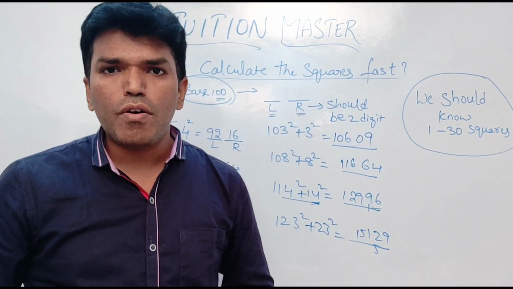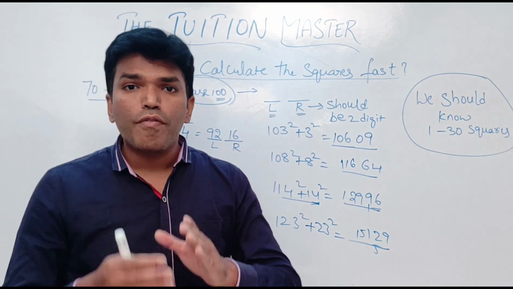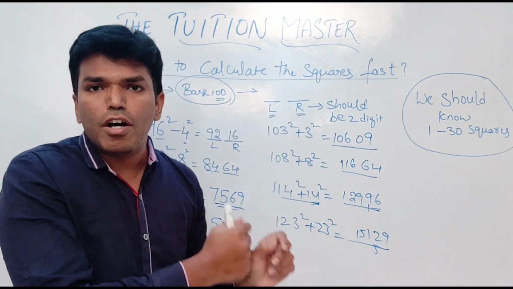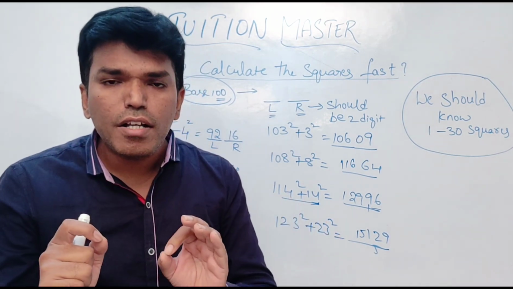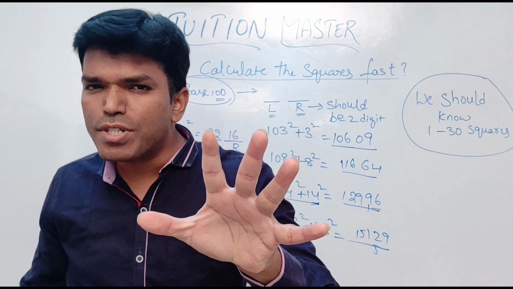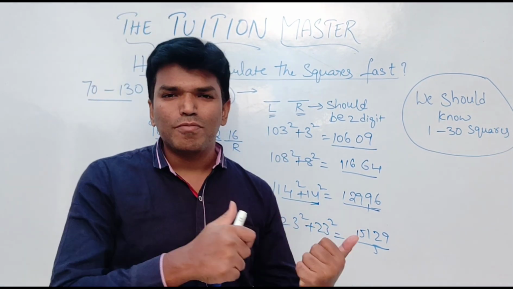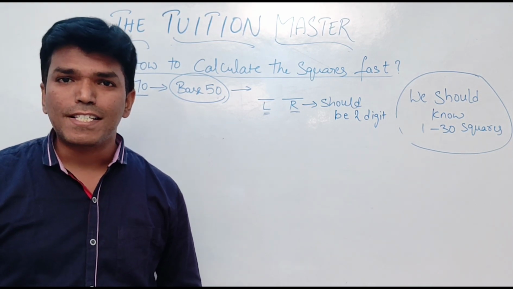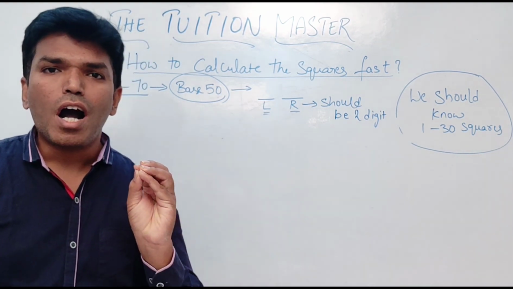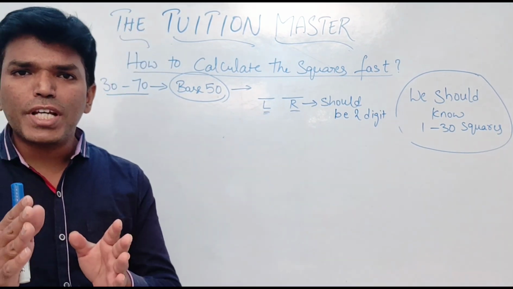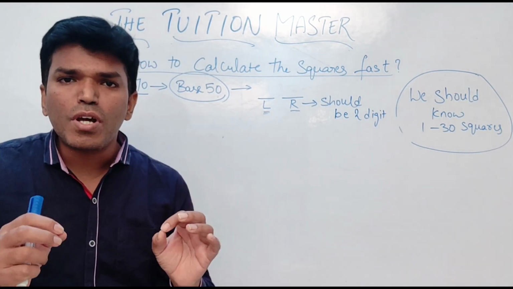Now we will see how to calculate the squares from 30 to 70. We are already done with 70 to 130. Now we are going to learn how to calculate the squares from 30 to 70 within 5 to 10 seconds. Okay, let's move on. Friends, let's move on to how to calculate the squares from 30 to 70. If you check, the numbers from 30 to 70 are nearer to 50.